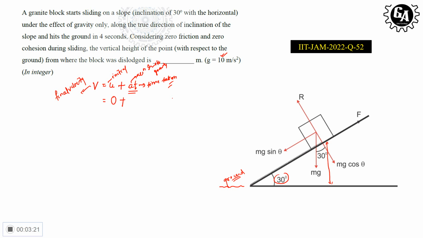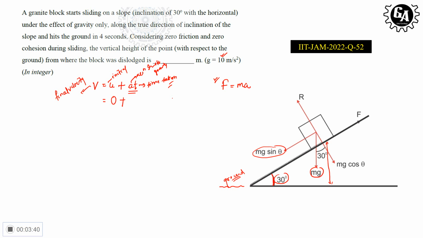We know from Newton's law that F is equal to ma. In this case, what is the force responsible for sliding? That is mg sin theta, because theta is 30 degrees. By using the vector resolution concept, this is the total mg.